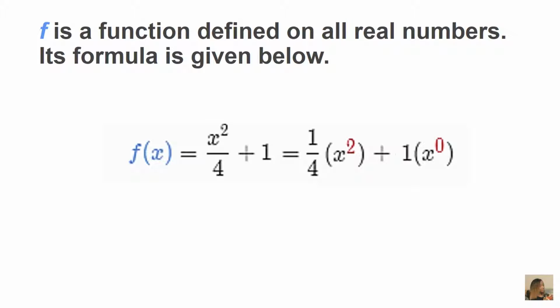Now we can express this in an alternative fashion in order to determine whether or not the function is even by examining all of its exponential powers. So this is equivalent to 1/4 times x to the second power, plus 1 times x to the 0 power.